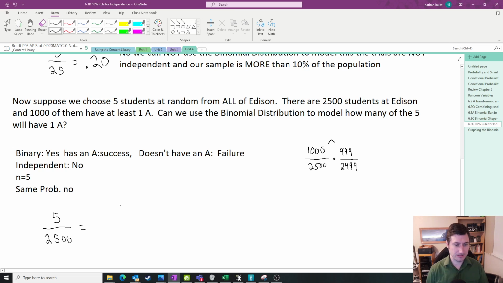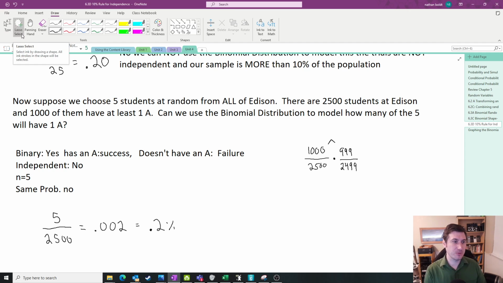So that is 0.002 as my proportion, which is 0.2%. That is much less than 10%. I'm only sampling 0.2% of my population. That tells me that I don't have to worry about replacement in this case.